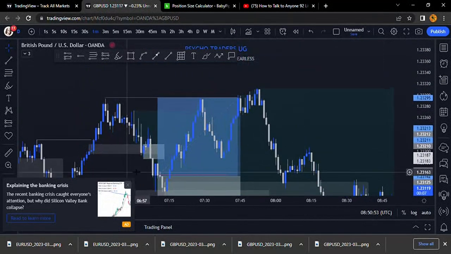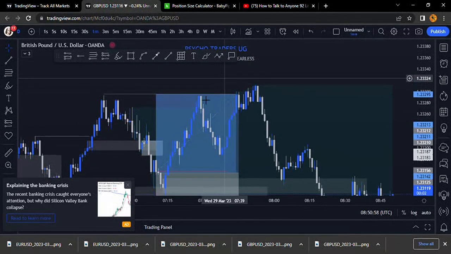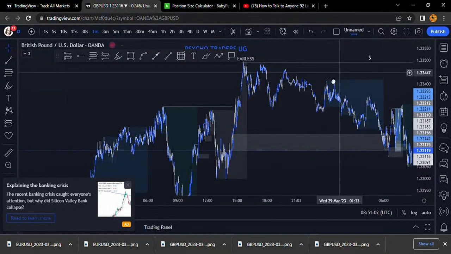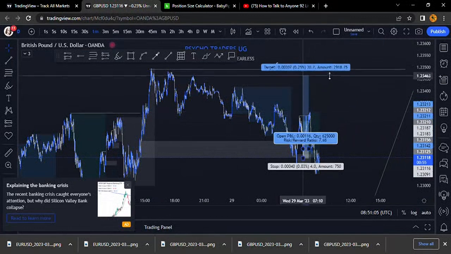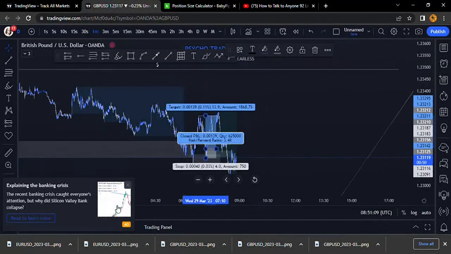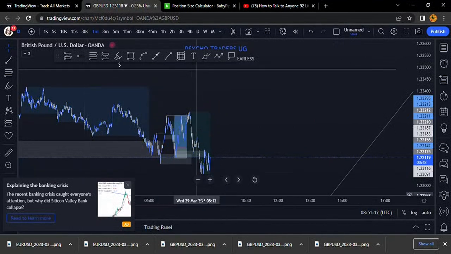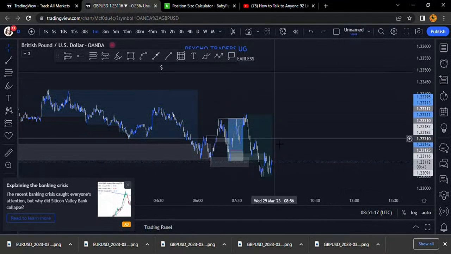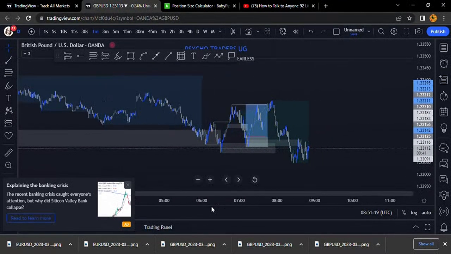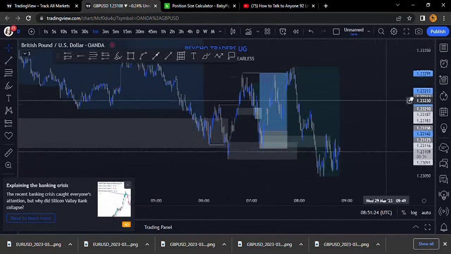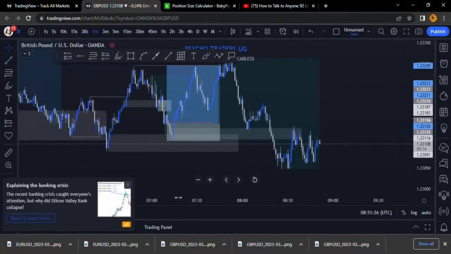Then price continued up, and we took our first partial right here. This is not what we were looking for. We were looking for better highs. We were looking to clear this high right here, but it took us out at the first partial, because that was my first partial. It took us out at the first partial and came back, hit the break even. But I think you understand right now what I'm talking about as to which zones you have to choose while trading.